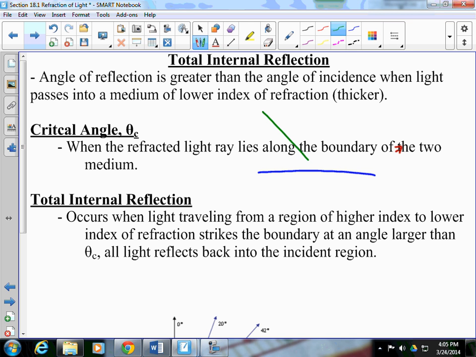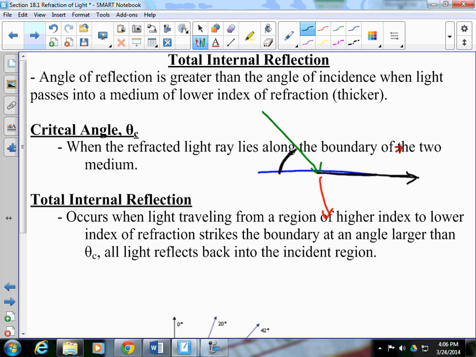I have my green incoming light wave, and instead of being refracted through like we've talked about and changing the angle, what happens is it's refracted, but it's refracted right along the surface. That critical angle, this is the critical angle at which that refraction happens along the two boundaries.